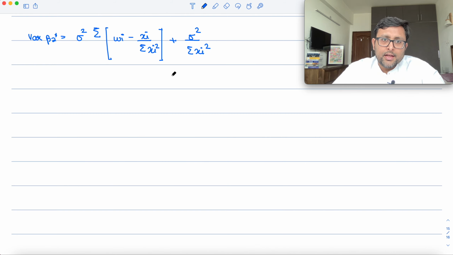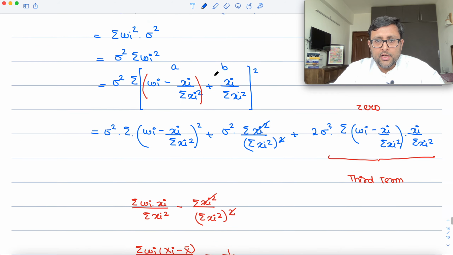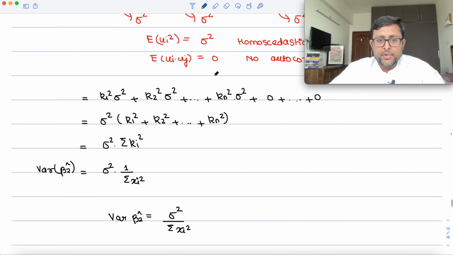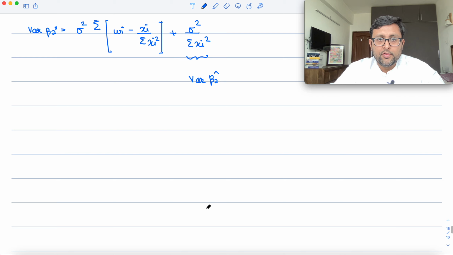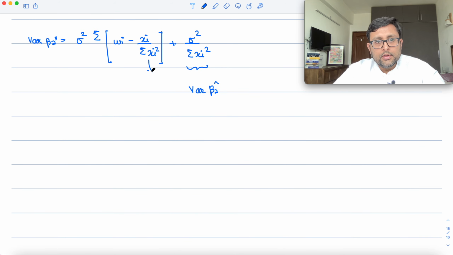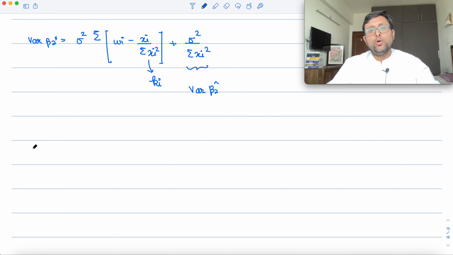Tell me one thing. What is this? This you have already done. This is the variance of beta 2 hat. You remember from our earlier recording? Variance of beta 2 hat is sigma square upon summation of small xi square. What are these? These are nothing but the weights of your OLS estimates.